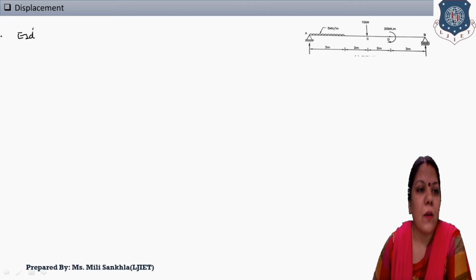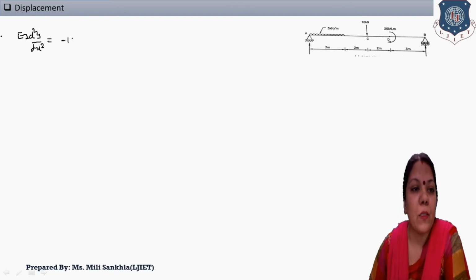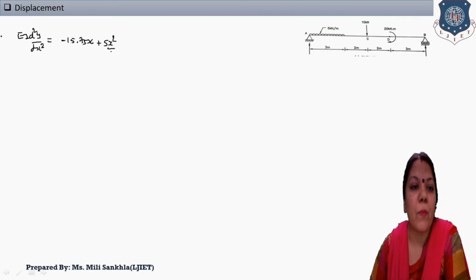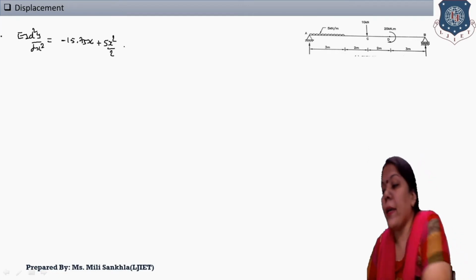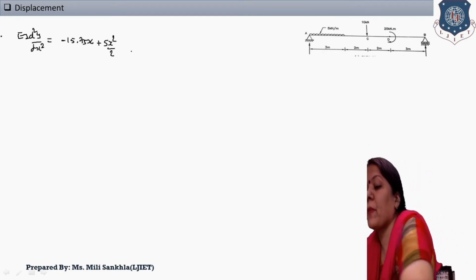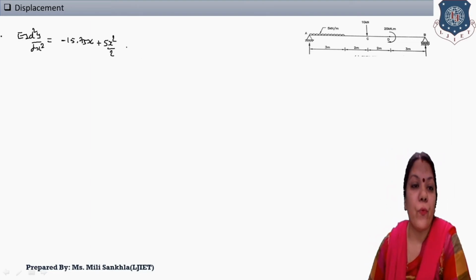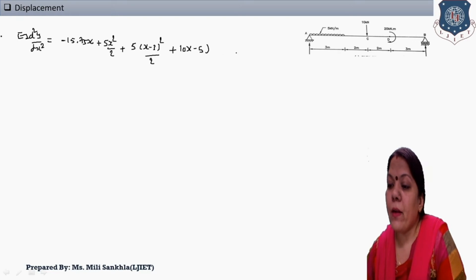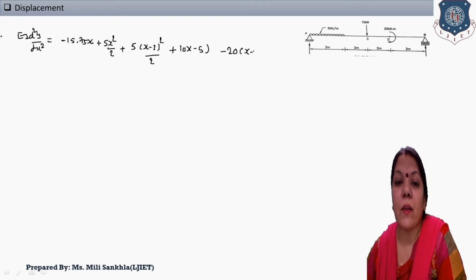EI d²y/dx² is equal to, our first term is minus 15.75x, then second is plus 5x² by 2, and next term is 5(x − 3)² by 2, and next plus 10(x − 5), and next term minus 20 (x − 7)^0.